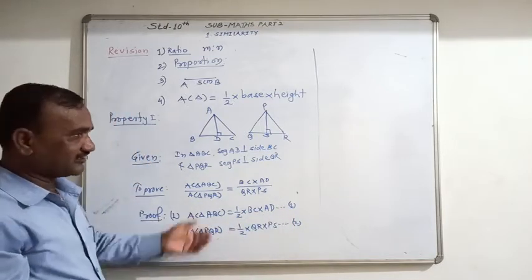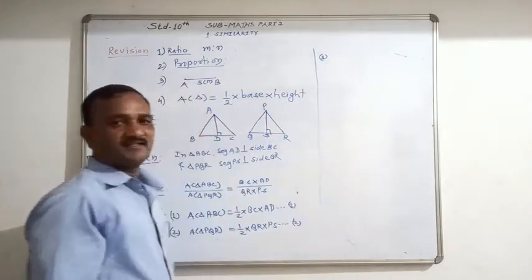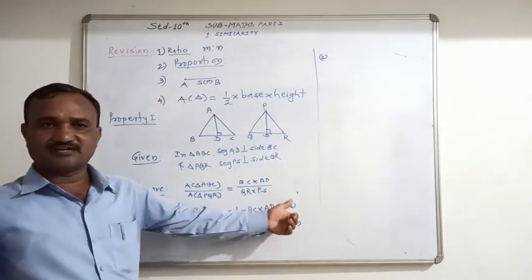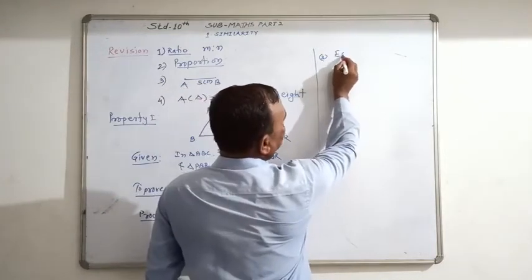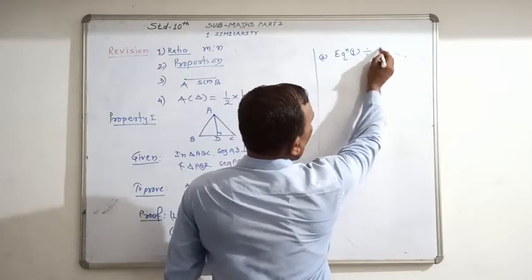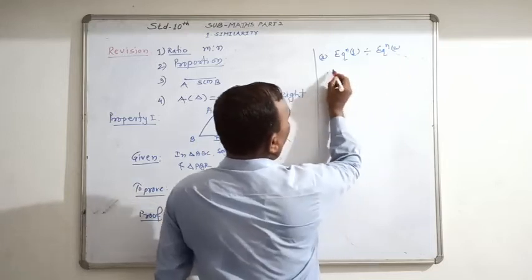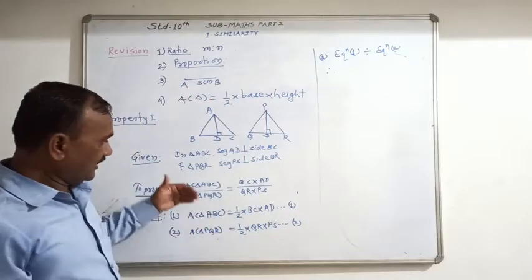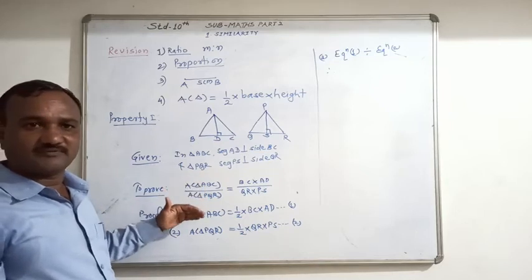So that's why the next statement: divide equation 1 by equation 2. Therefore you have to divide the left hand side of equation 1 by the left hand side of equation 2.